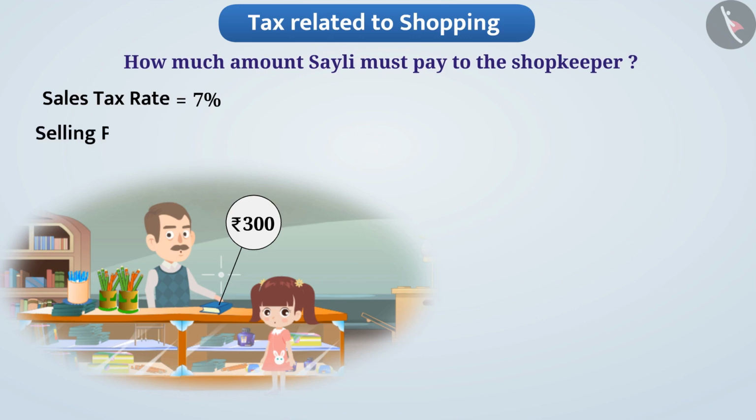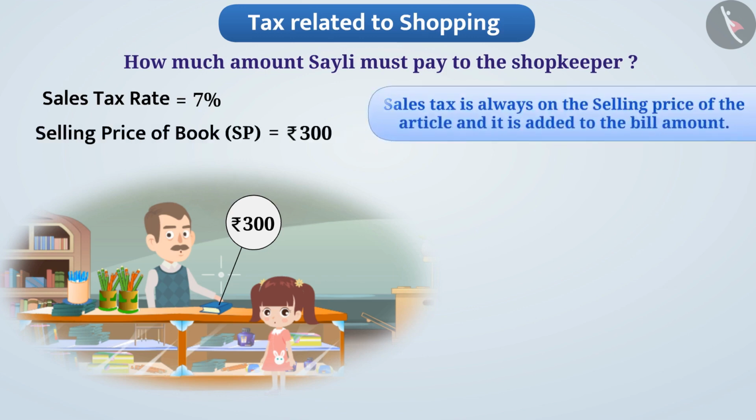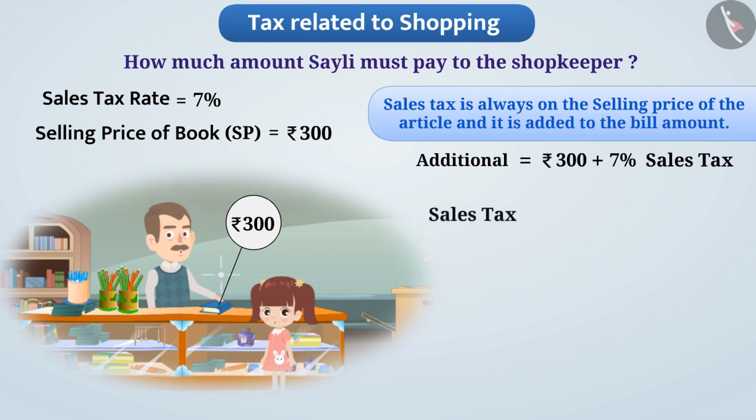Here, the selling price of the book is 300 rupees. Sales tax is always on the selling price of the article and it is added to the bill amount. In this way, there will be an additional 7% sales tax on 300 rupees. That is, sales tax is equal to 7 rupees divided by 100 multiplied by 300, which is equal to 21 rupees.